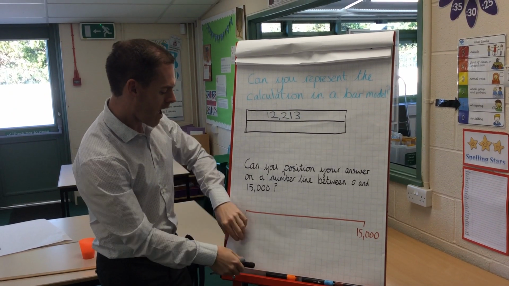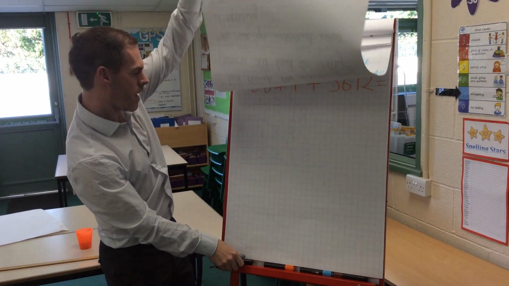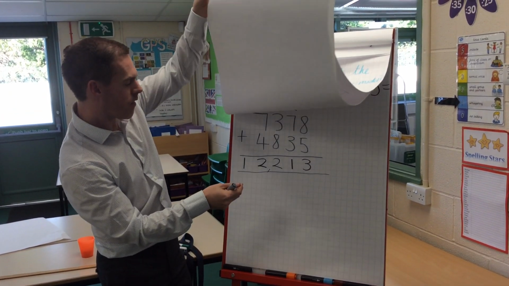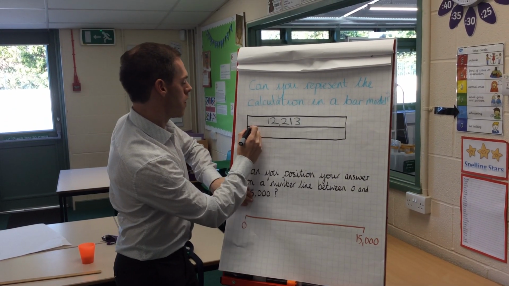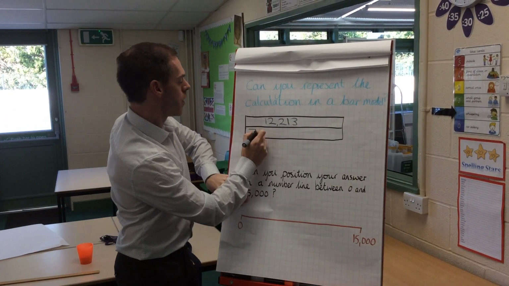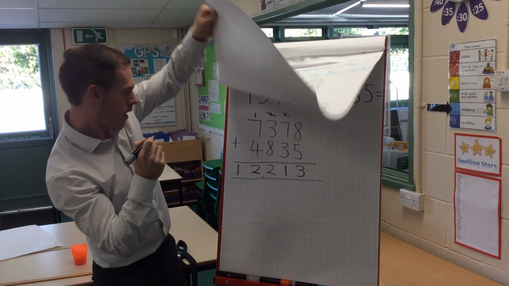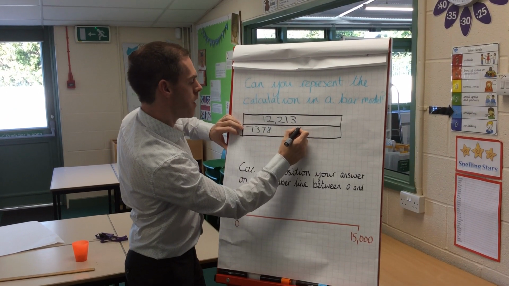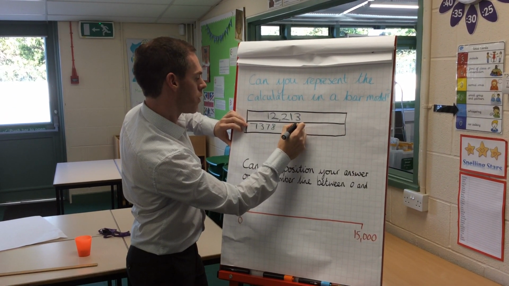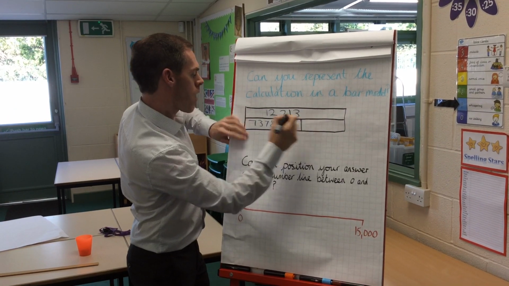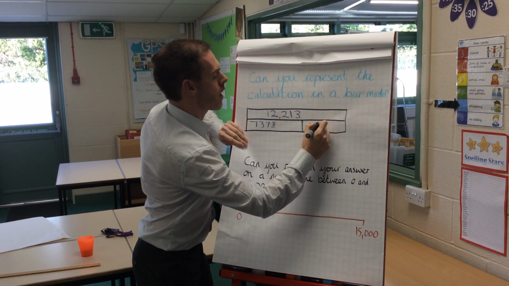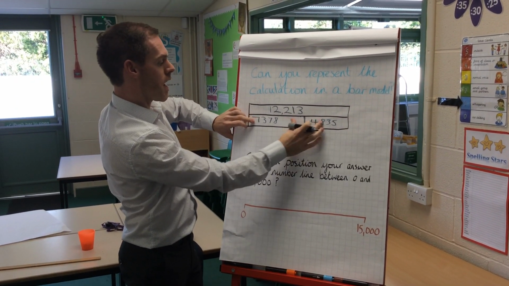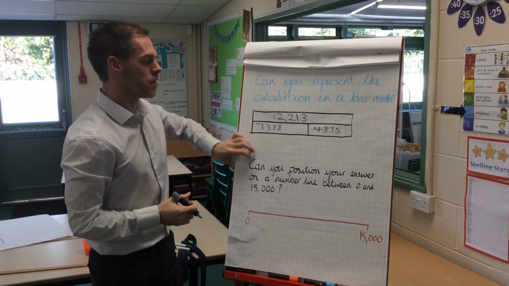And I have added, to get to that, if I can get the right page, I have added 7,378 and 4,835. So 7,000 is going to take up most of my bar, 7,378, probably about here. And then 4,835. And when I add those two bits together, I get my full bar, which is 12,213.